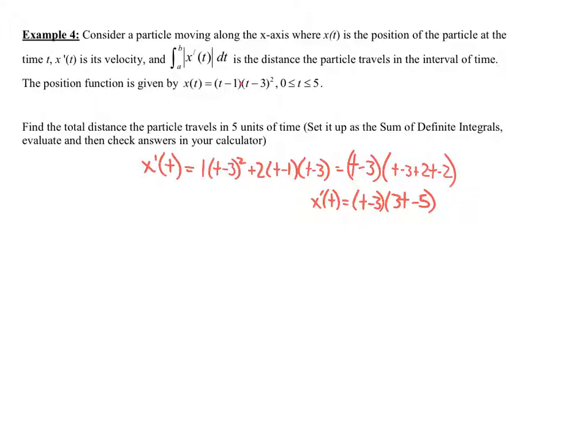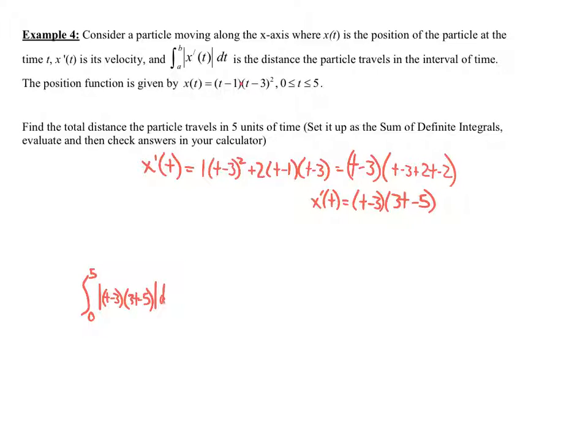We could for later on when we go to do the integral, but for right now it'll actually be helpful because one of the things that we need to do is find the integral of the absolute value of that t minus 3 times 3t minus 5. Now, what's the a and the b here? 0 and 5. They said go from times 0 to 5. Okay?